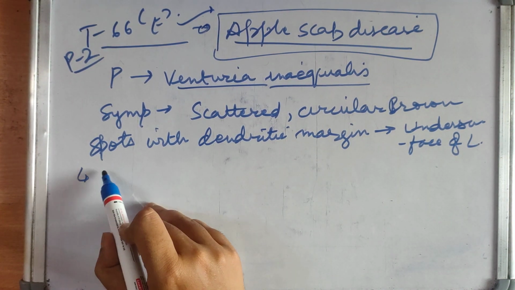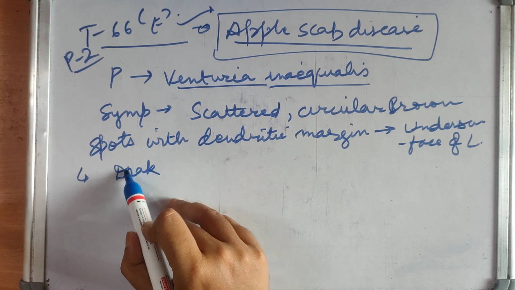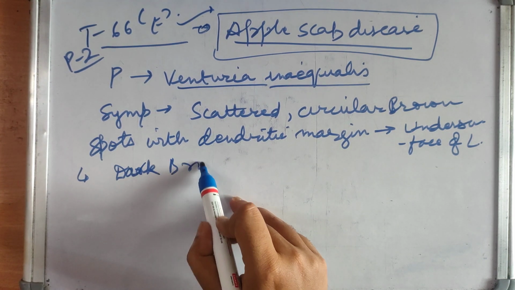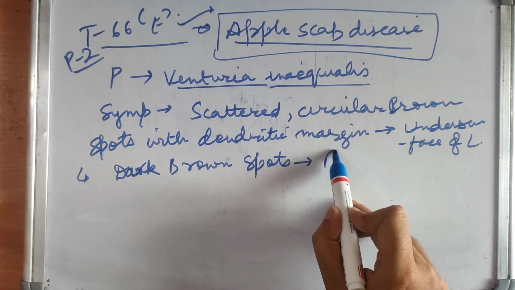Or you will also see dark brown spots on fruits.